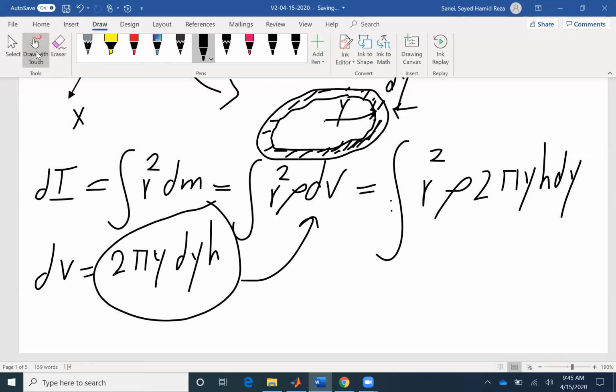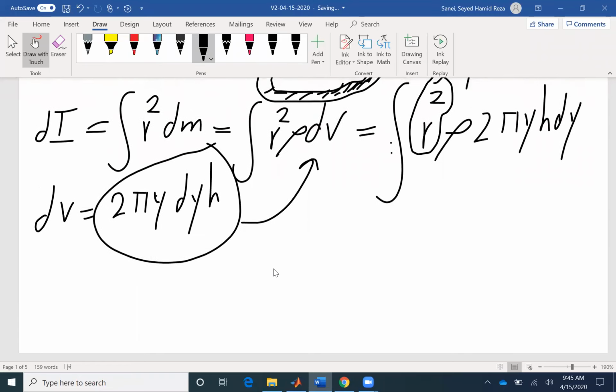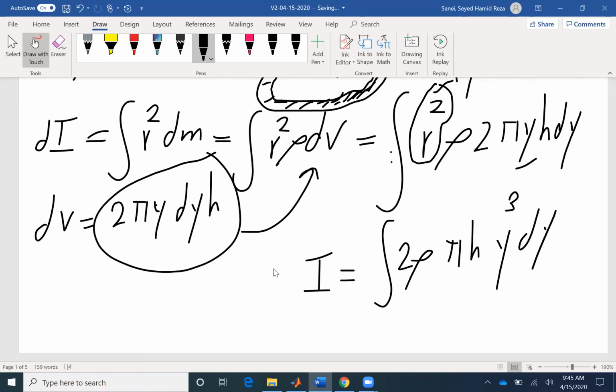And here r would be y for me, so r squared I can write as y squared. So the equation that I need to deal with is rho 2 pi h, and I have y here, y squared, so y cubed dy, going from 0 to r.